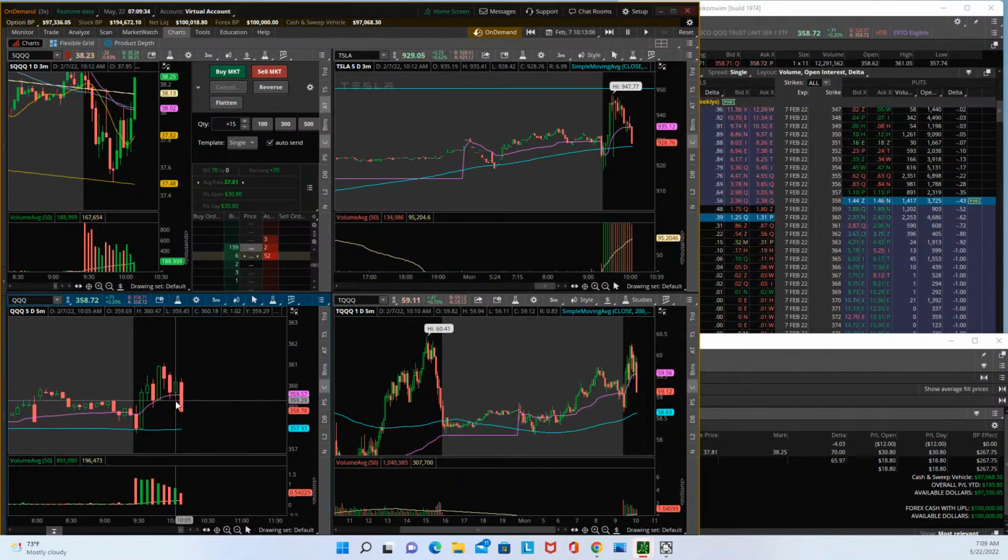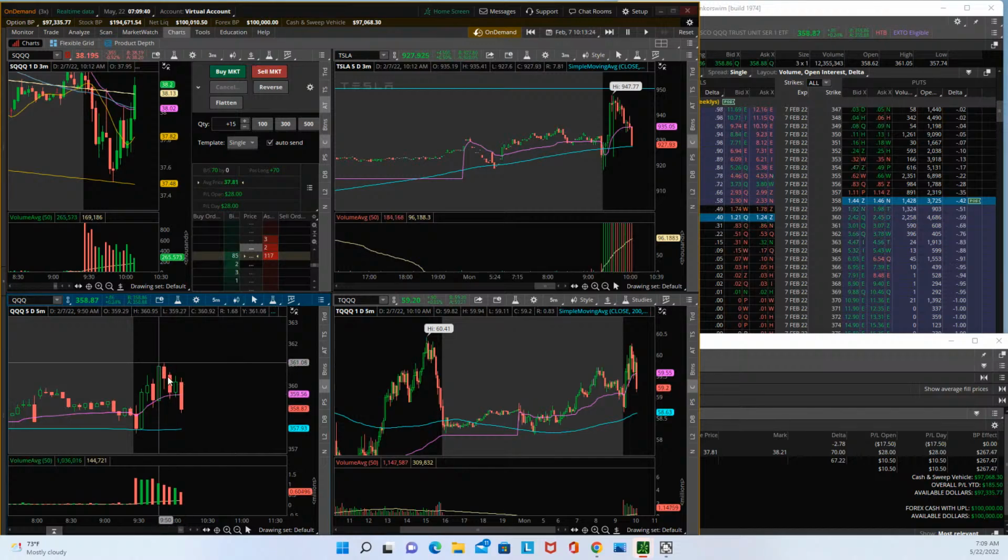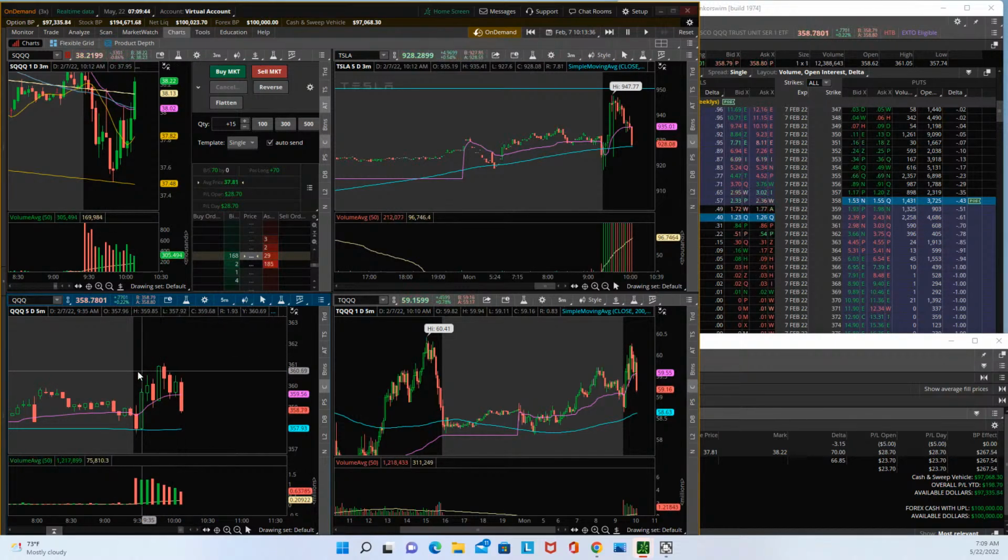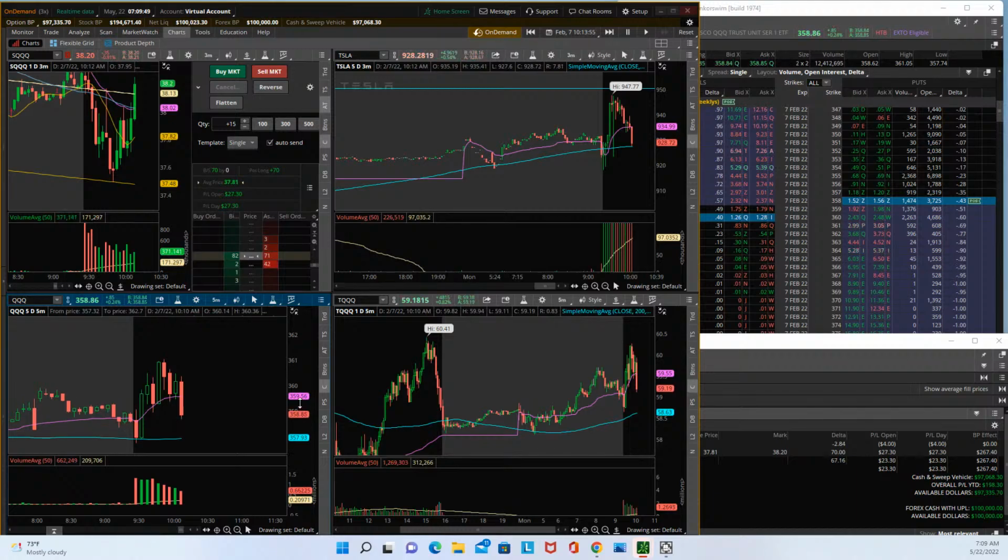So that's why I decided to add a put. Once I saw we were stalling, this could mean that we were flagging and kind of going higher, but I'm seeing a lot of lower candles here. So it is what it is.